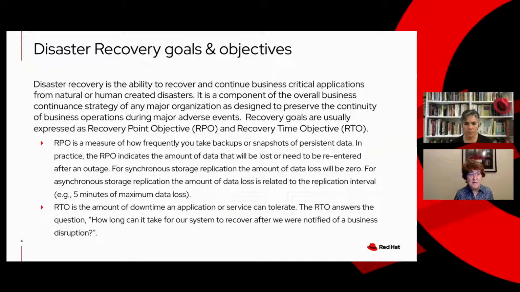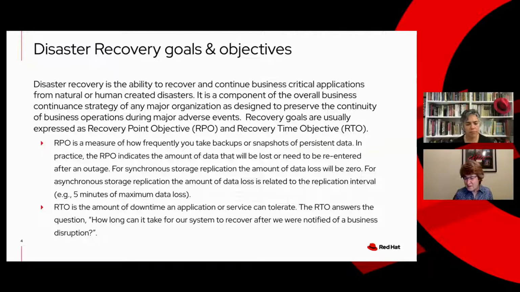And recovery time objective is how long can the application or service be unavailable. So it is possible to have your recovery point objective be essentially 0, meaning you don't lose any data, but you most likely will still have application downtime. So at least in terms of the way that we're approaching it for Openshift.